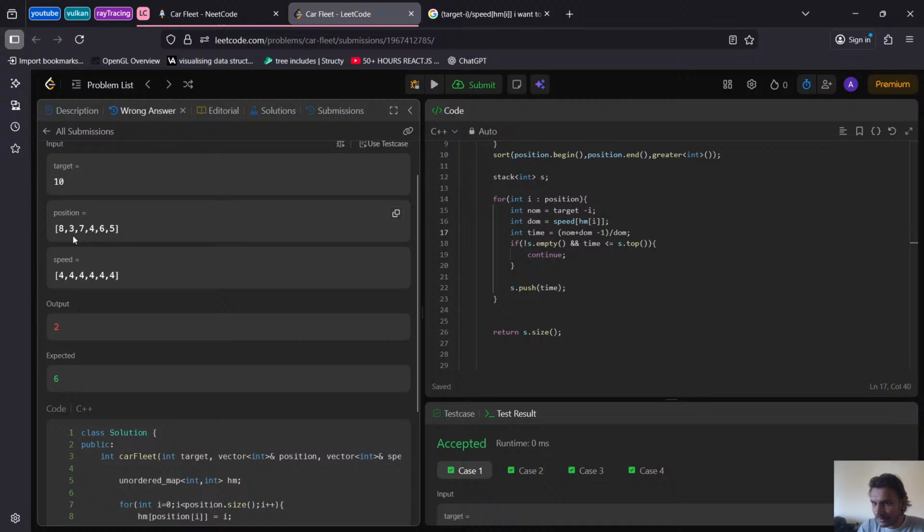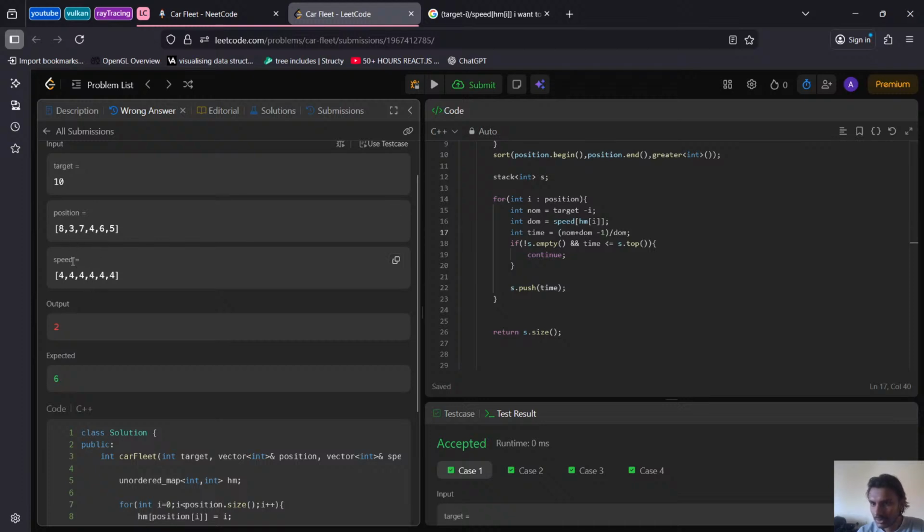For 3, that is 7. 7 divided by 4 is 2. Then for 5, it's also 2. For 4, 10 minus 4 is 6, and that is also 2.